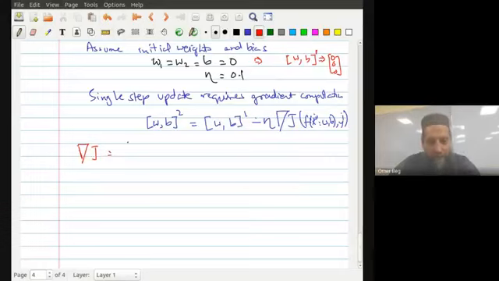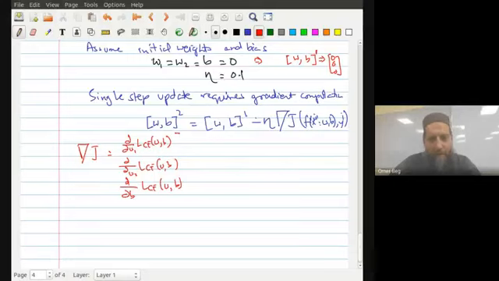So this is going to be d/dw1 of the cross entropy loss given W, B, and then d/dw2, and the same thing, and d/dB of the cross entropy loss. This is the vector that we need to compute.